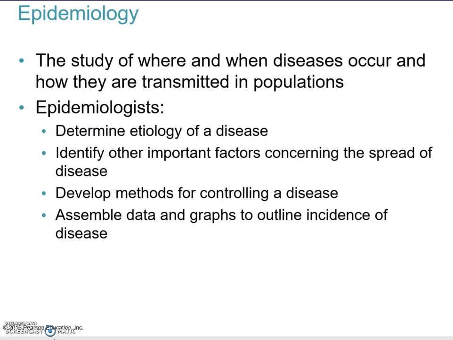So epidemiology in general, that's the study of where and when disease occurs and how it is transmitted within populations. So an epidemiologist, I'm sure they're busy these days, they determine the origin or the etiology of a disease. They identify other important factors concerning the spread of the disease. They develop methods for controlling a disease, and they do assemble data and graphs to outline incidence of the disease.